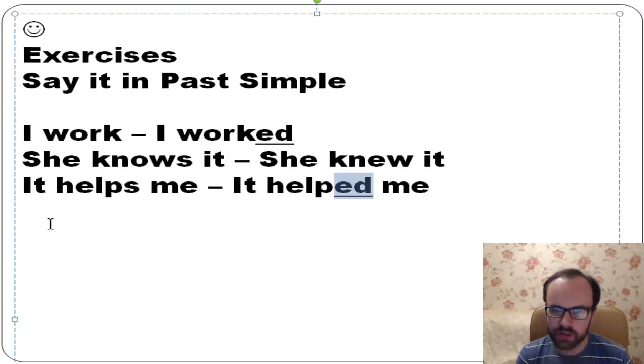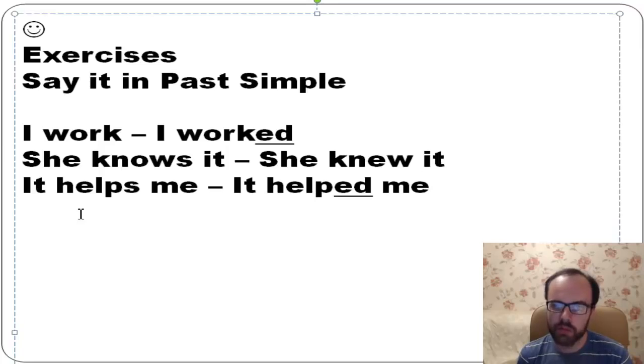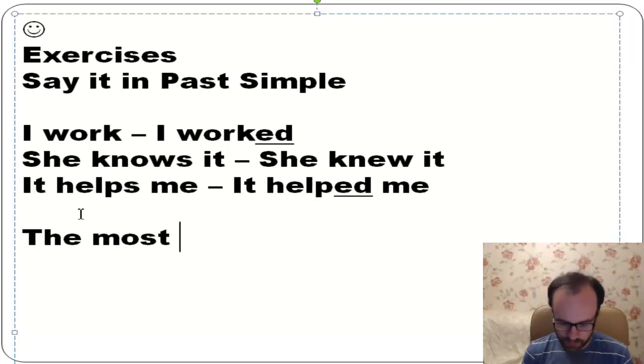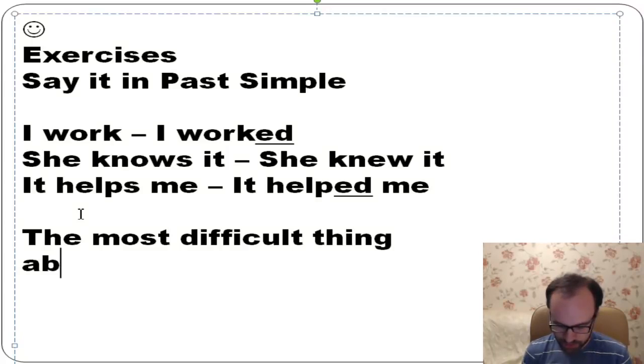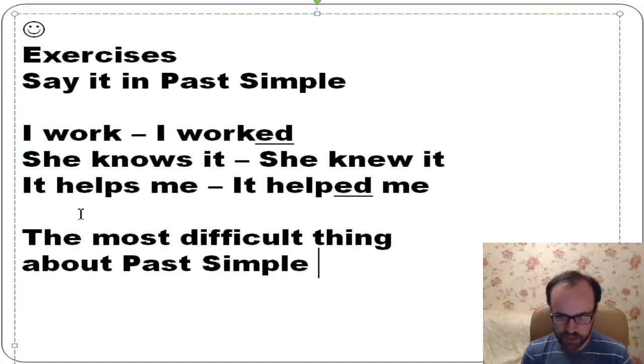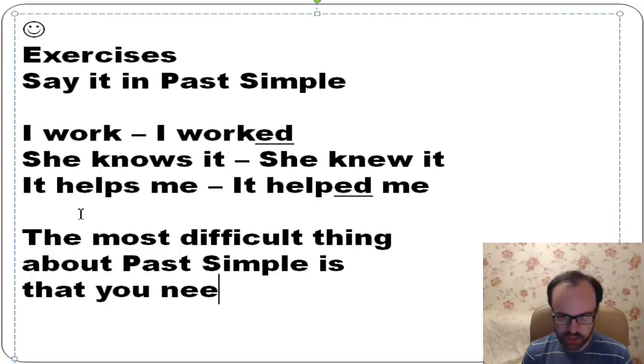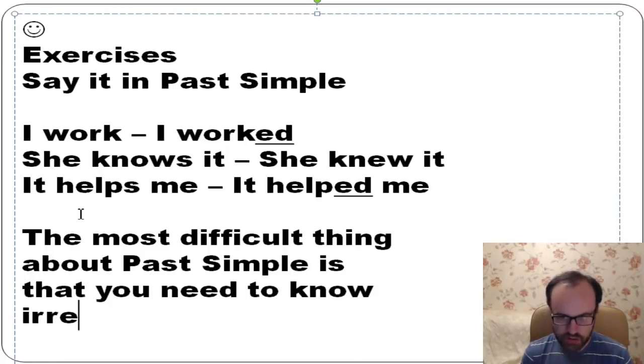So the most difficult thing about past simple is that you need to know irregular verbs.